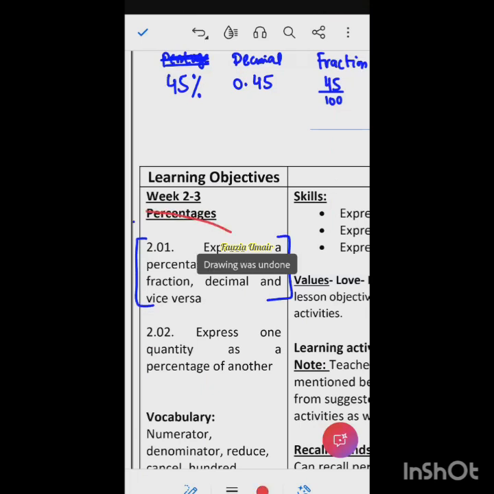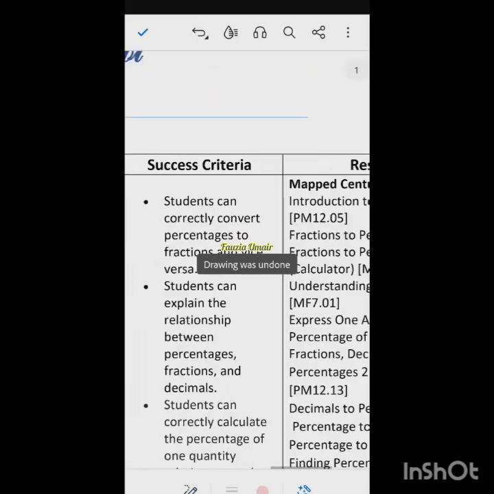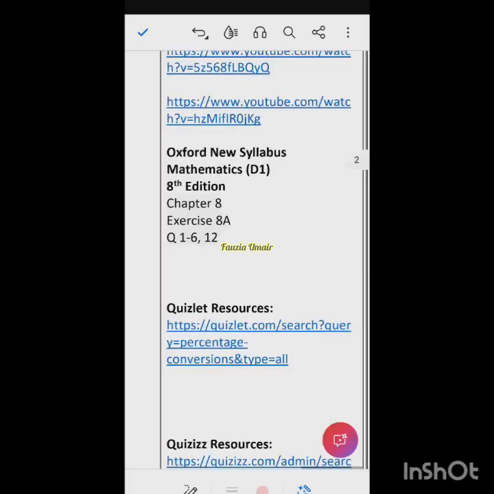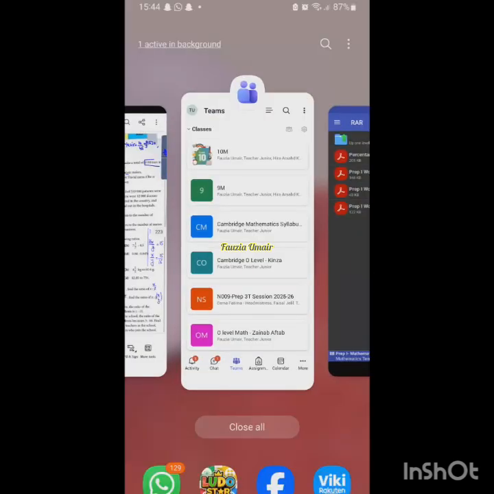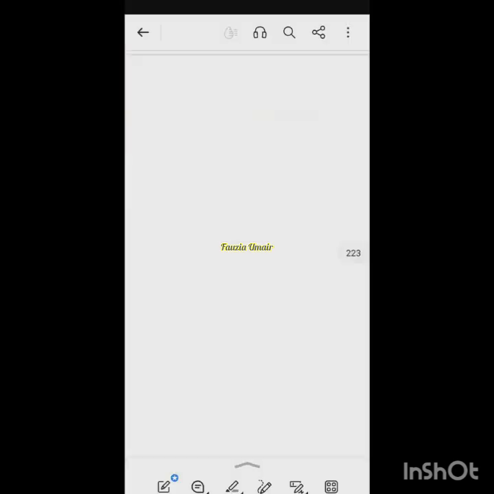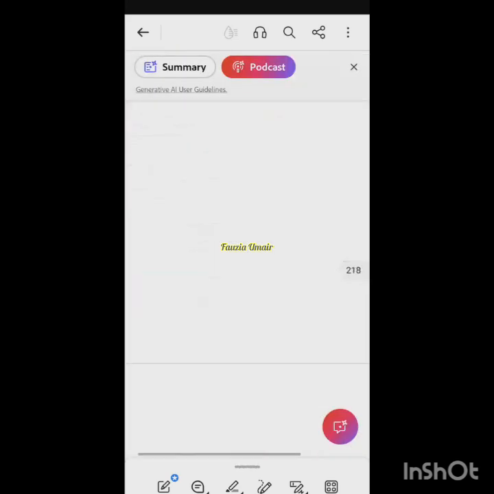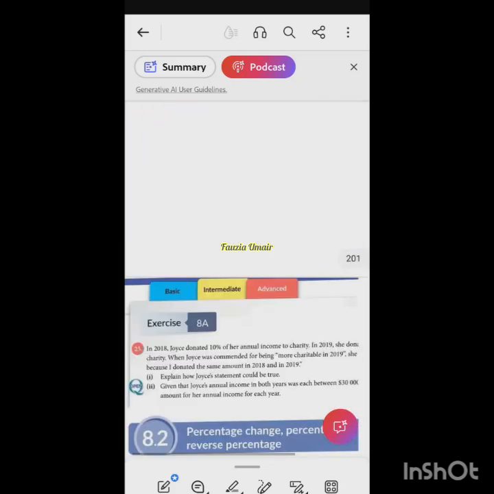This is chapter number 8 of your book. Before this we were doing chapter 9, ratios. Now it's chapter 8, exercise 8A, questions 1 to 6. I have the book opened as well, so we can go back to chapter 8, exercise 8A.